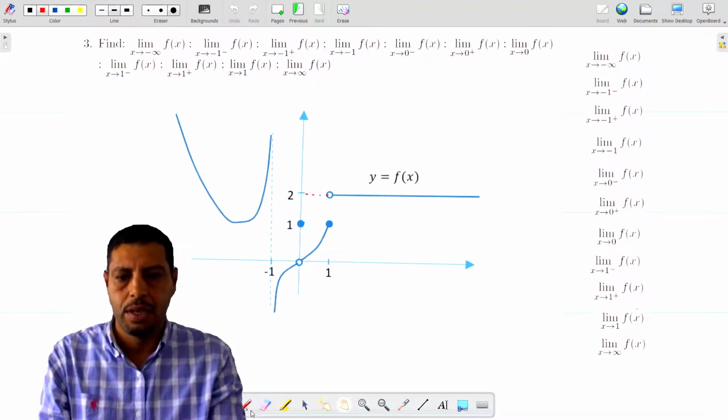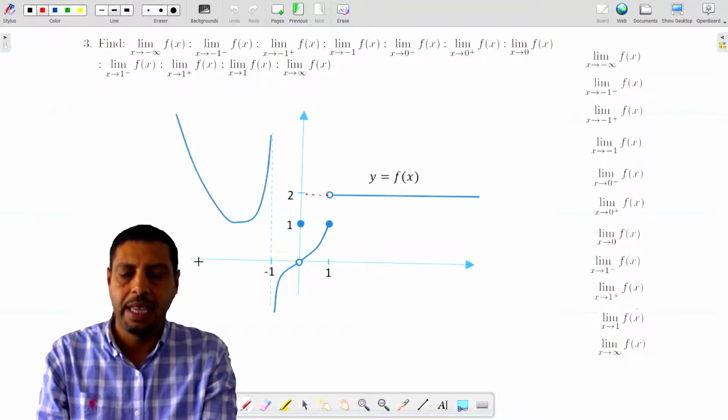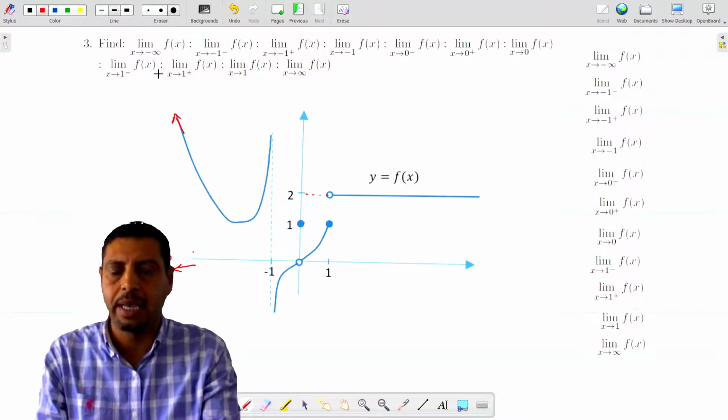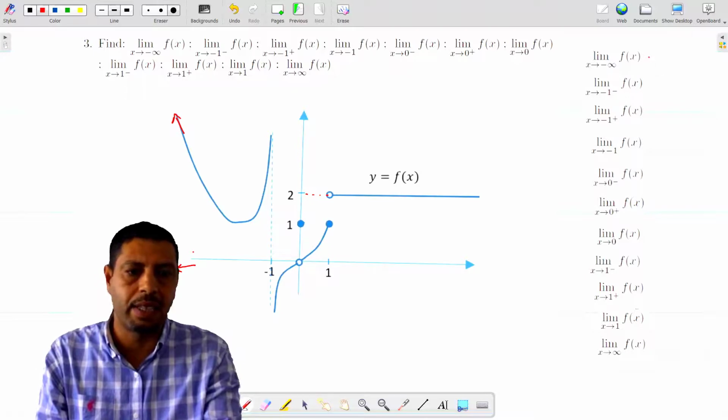Here you try to identify the branch of the graph which corresponds to x approaching -infinity. When you approach -infinity on the x-axis, you go in this direction, and the corresponding graph is increasing infinitely. So your limit at -infinity is infinity.